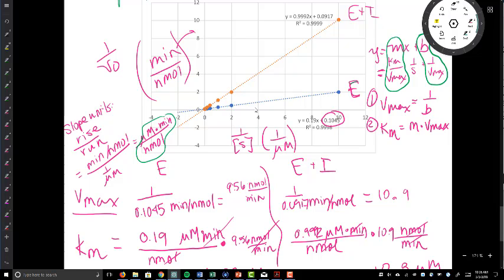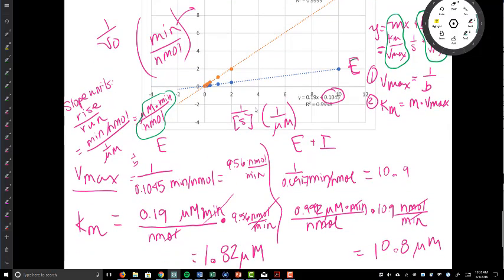So Vmax is equal to 1 over 0.1045 minutes per nanomole, and we get a velocity of 9.56 nanomole per minute. Those units are inverted from what you see on the y-axis. Don't panic. It makes sense because your Vmax is a velocity, whereas your y-axis is 1 over a velocity.